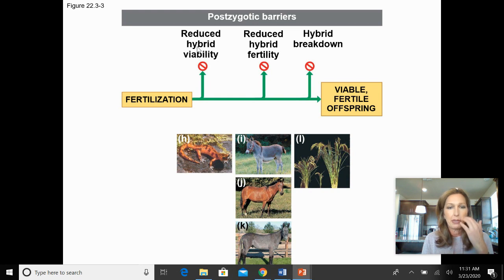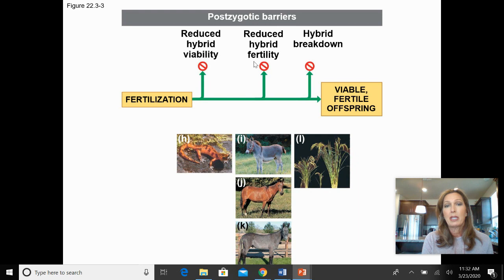So that's what we refer to as our hybrid in this particular case. Reduced hybrid viability means that somewhere in development, they are just not going to be viable, meaning that they're not going to survive. It might be during the initial embryonic development that something stops. It might be upon birth, it might be in that juvenile development, but again, reduced hybrid viability means that the offspring just don't develop and survive.